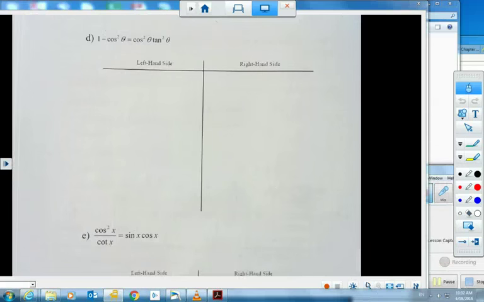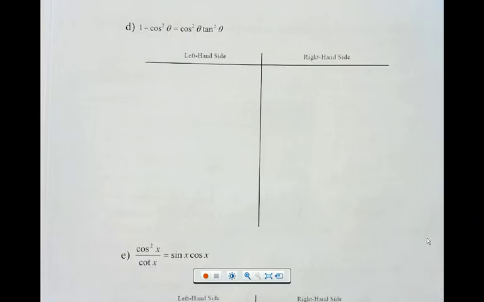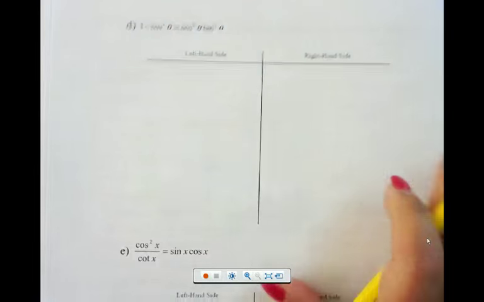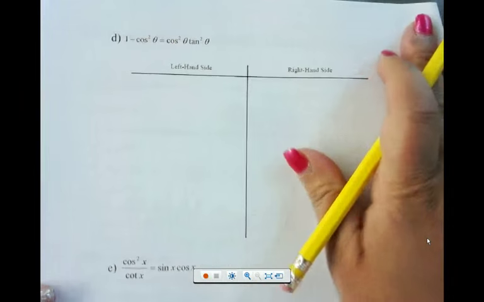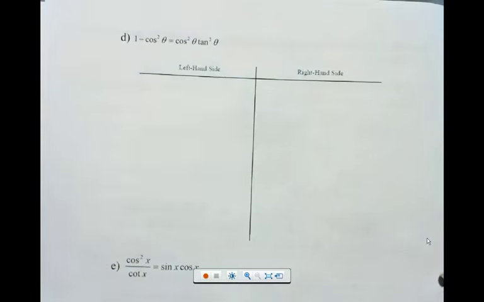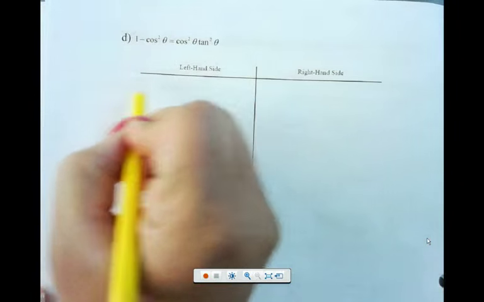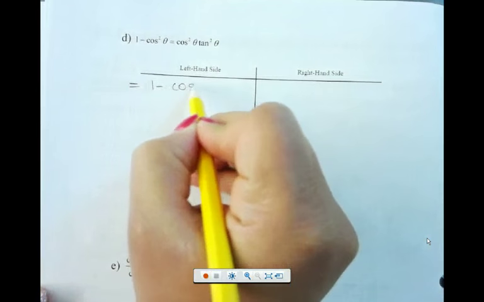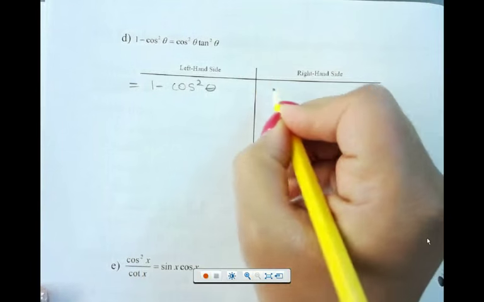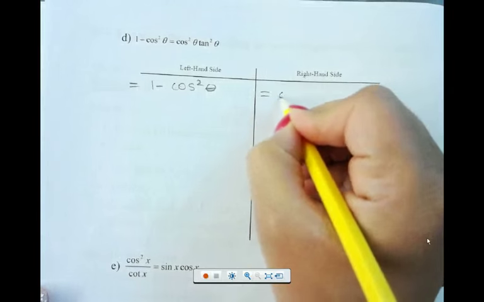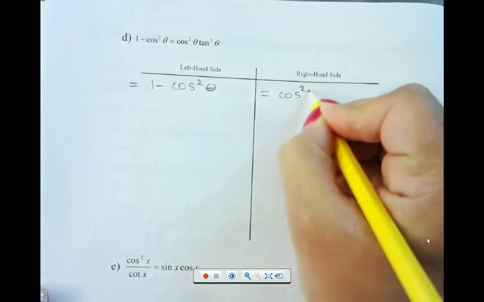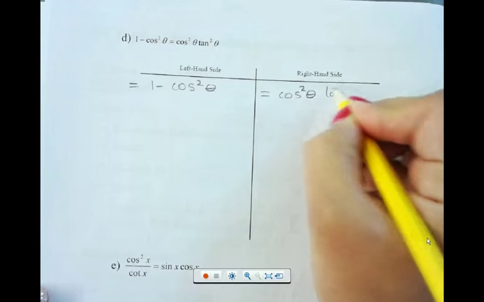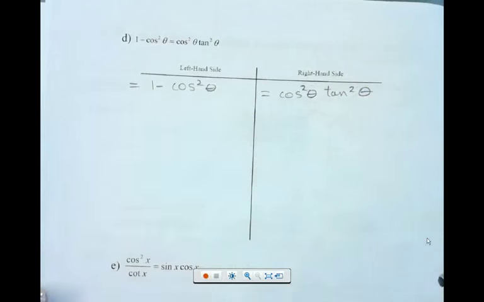Okay, so now in this question we have it set up a little nicer, where you've got your left-hand side and right-hand side blocked off from each other. So the left-hand side here is 1 minus cos squared theta, and the right-hand side here is cos squared theta tan squared theta.